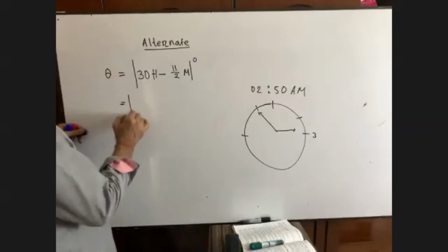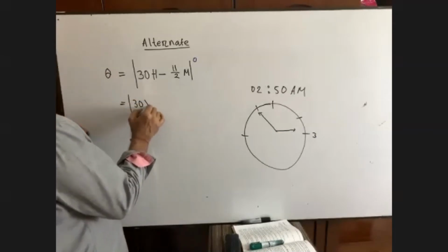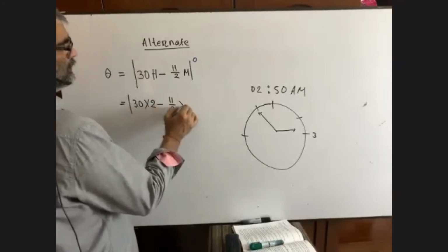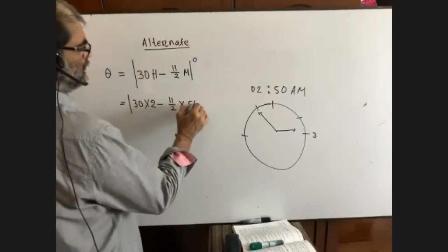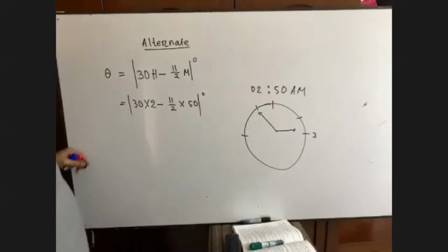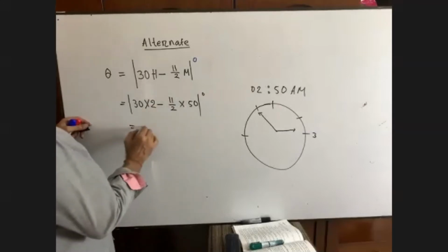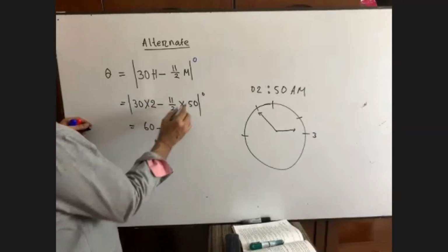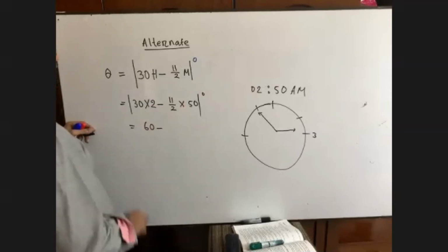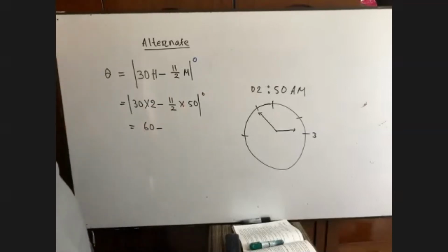Here, 30 into 145 degrees, okay, 11 by 2 into minute 50 degrees, right? It is 60 minus what? 25. What will be the result? Talk to me. 275.